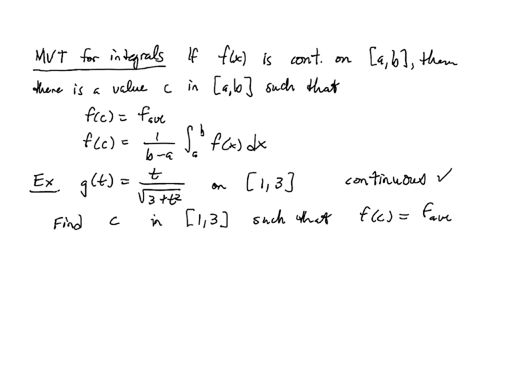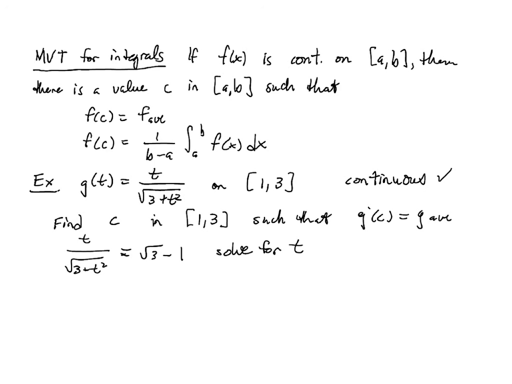Sorry, those should be g's, since my function is called g in this example. So I take my function g, and I set it equal to the average value that we found on the previous page, which is square root of 3 minus 1, and we solve for t.